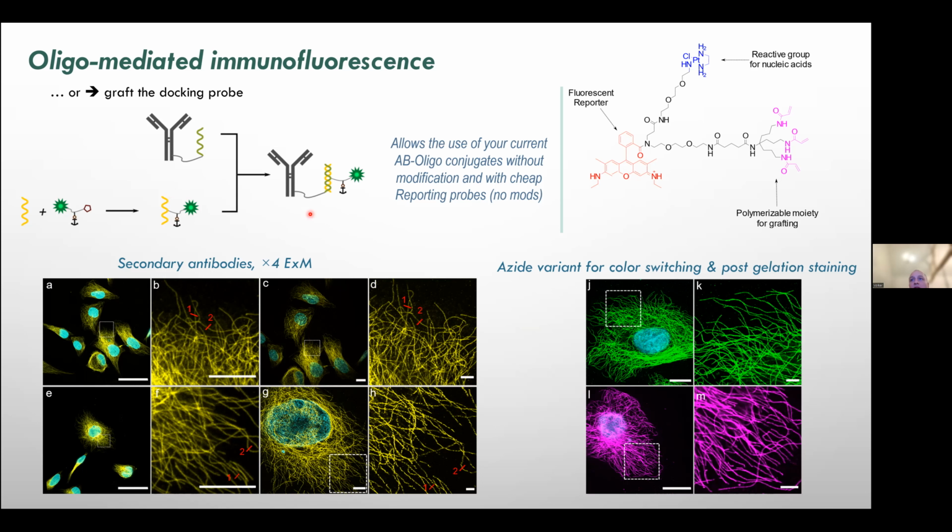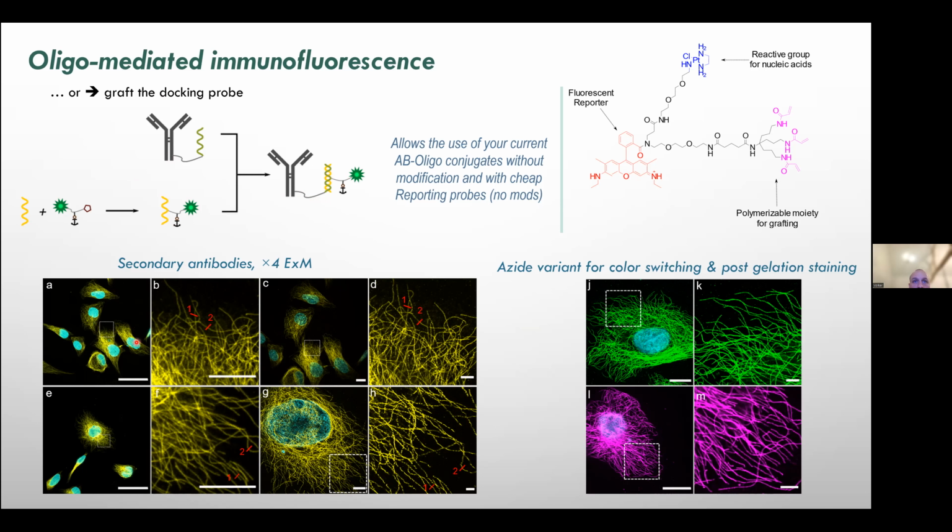And what's the advantage of such a system is that this is plug and play for your current procedure using oligonucleotides. You have an antibody with an oligonucleotide using your preferred method. You just buy the non-modified oligonucleotide matching to your barcode, and you just react everything with one single linker.